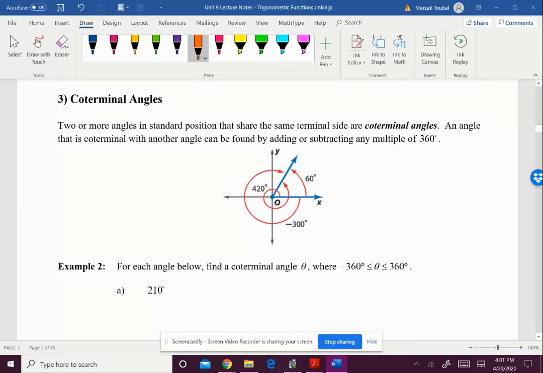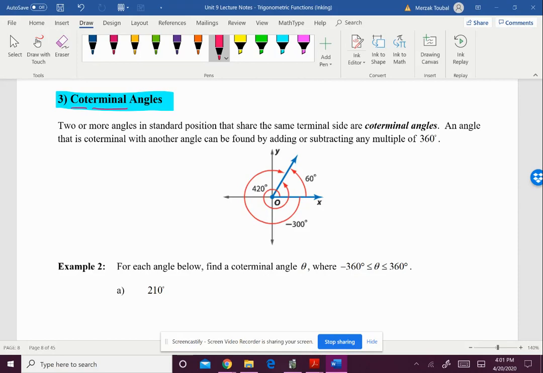Now let's move on to the next concept, which is coterminal angles. The word coterminal has the prefix co, and terminal.